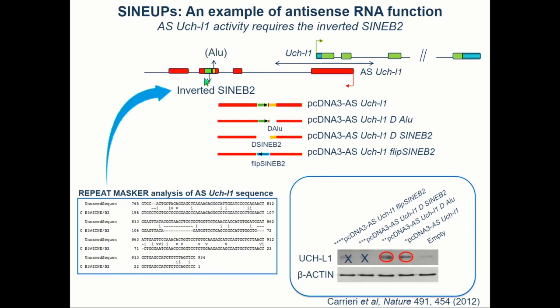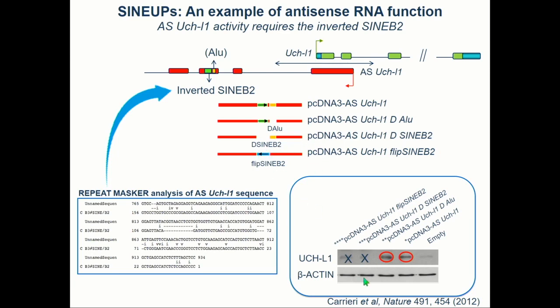in the antisense, in the non-overlapping part, there is a SINE B2 element, which we call inverted because it is inverted with respect to the sequence in the database, represented here in green. And so we started to make deletion mutants. We took away some unrelated ALU element, and we deleted the SINE B2 element, or we inverted it.